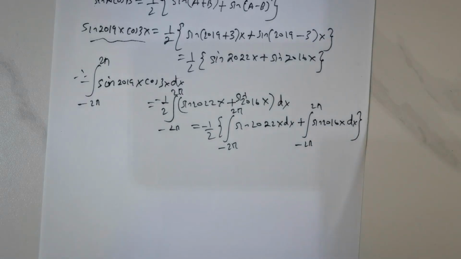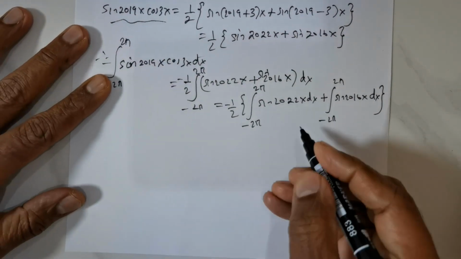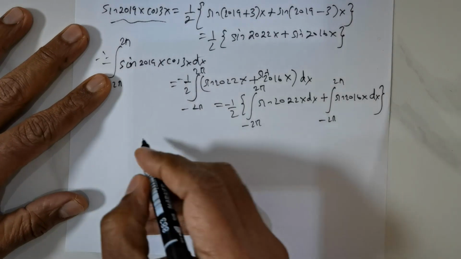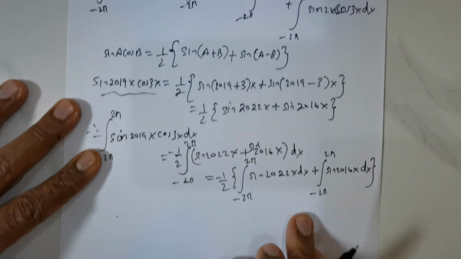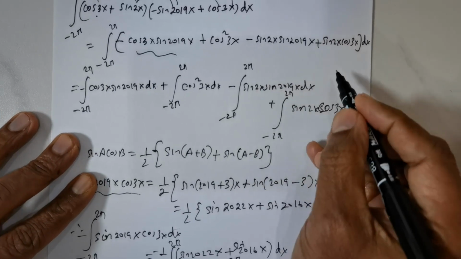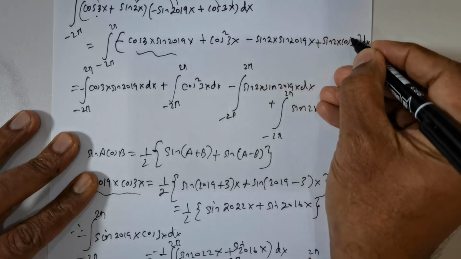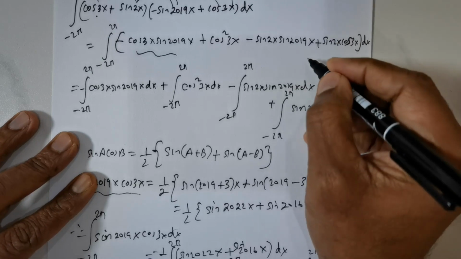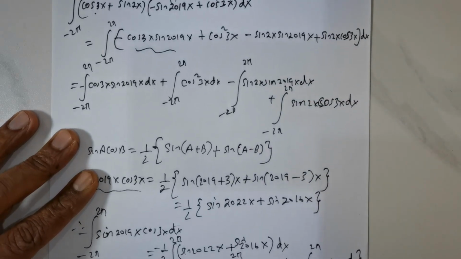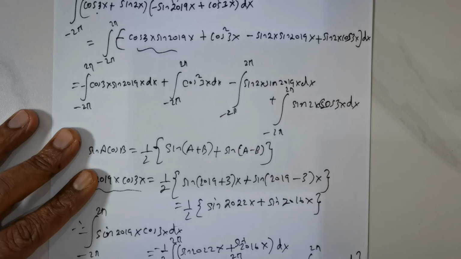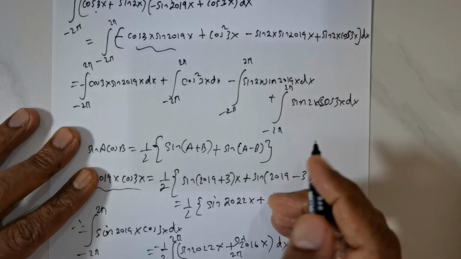Okay, this is what we have got. Now as I mentioned to you, I am actually anticipating some cancellation over here. I'm anticipating, but I'm not sure if I'm going to get it. So in anticipation I will just retain it as it is.